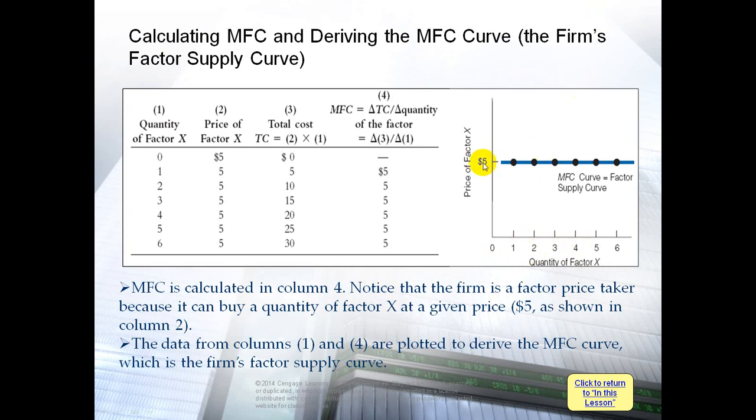The price of the factor is 5 and the quantity of factor X is this. See here the price doesn't change, no change in the price of the factor, the same thing but different quantities, so we will have a horizontal marginal factor cost curve and it is the same as the factor supply curve.